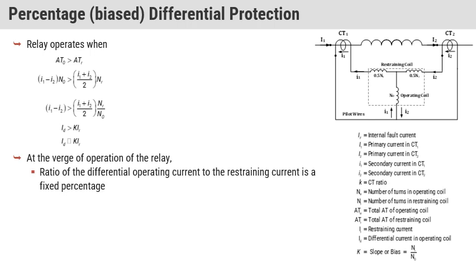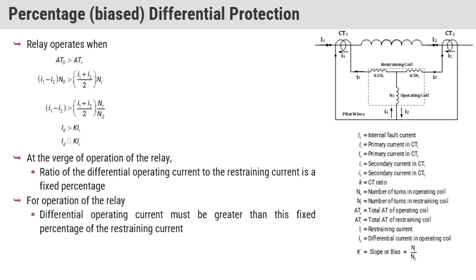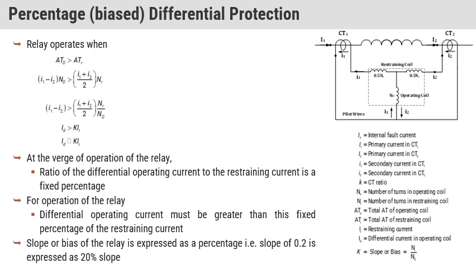At the verge of operation of the relay, the ratio of differential operating current to restraining current is a fixed percentage. For operation, the differential operating current must be greater than this fixed percentage of the restraining current. The slope of bias of the relay is expressed as a percentage, so a slope of 0.2 is expressed as 20% slope.